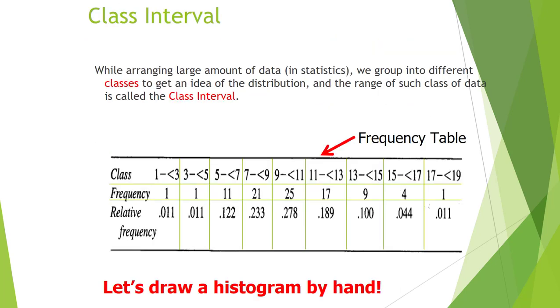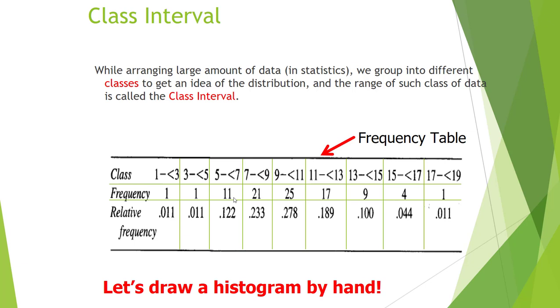Great. So you should be able to understand the number of observations within an interval. Within this interval, I have 1. Within this interval, I have 1. Within this interval, I have 11. So this is a tabular format for you to show the frequency distribution of the energy consumption of these 90 homes.